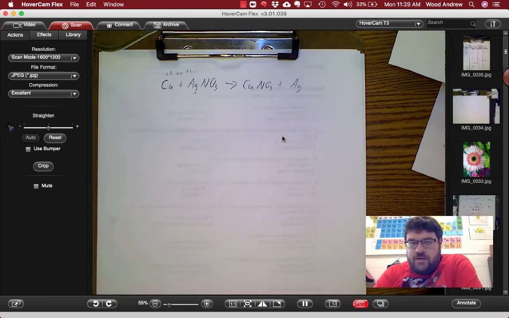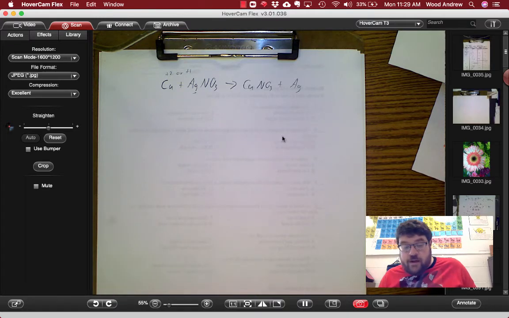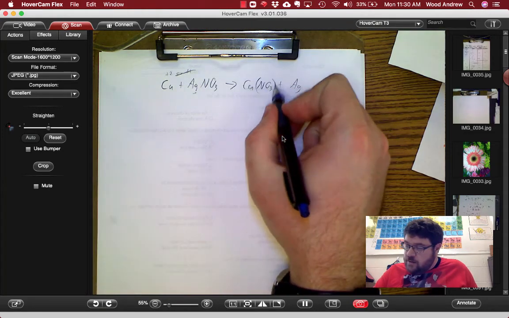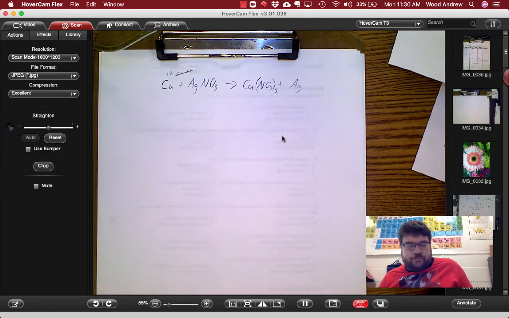So when you come across these multivalent metals, which version of it do you use? If you notice on your periodic table, there's one that is darkened or bolded. That is the most common one. So for right now, all we're going to worry about is use the most common one. So in this case, copper is more commonly +2. So that would be 2 like that.